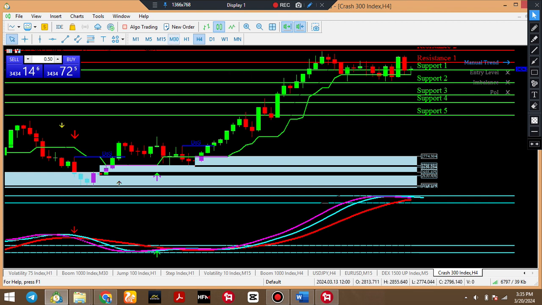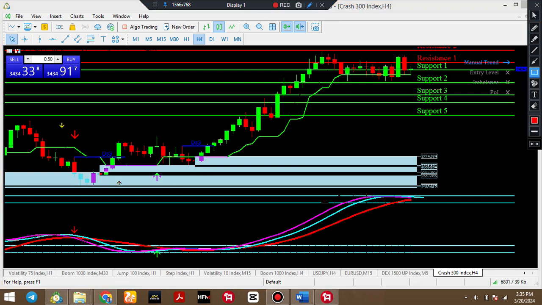Now, the first thing we want to see in any higher time frame, be it 4 hours, 1 hour, 30 minutes, and 15 minutes, is the trend signal. When you check the chart, we have two arrows. This is the first one, which is the small one with a yellow color. That is a small trend signal indicating possible entry.